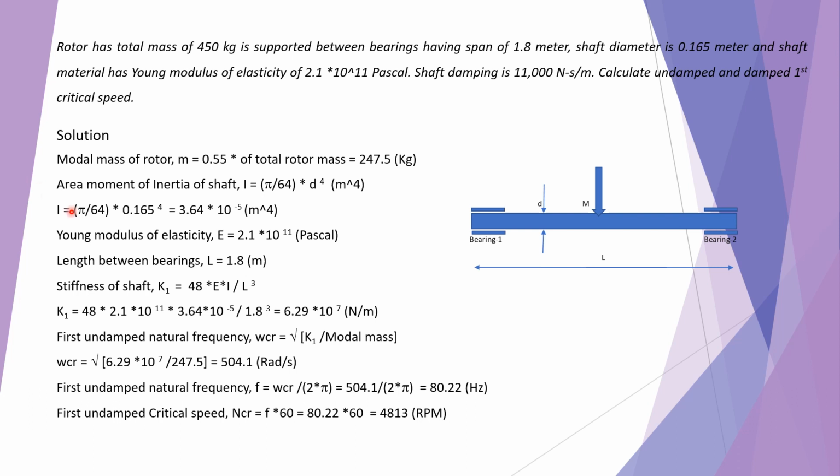Area moment of inertia of the shaft I is equal to pi by 64 d to the power 4. After putting in all these values, it comes to 3.64 into 10 to the power minus 5 meter to the power 4. Young's modulus of elasticity is 2.1 into 10 to the 11 Pascal. Length between the bearings L is 1.8, and the stiffness of the shaft is 48 EI upon L cube. So K1 is equal to 6.29 into 10 to the power 7 Newton per meter.